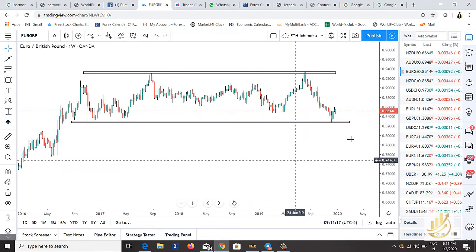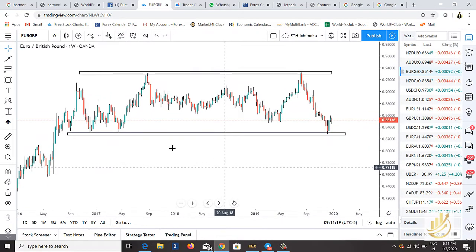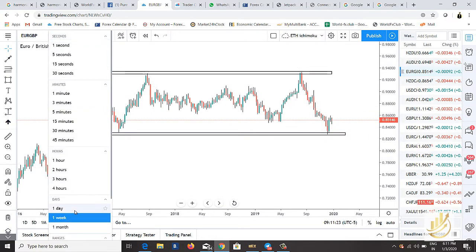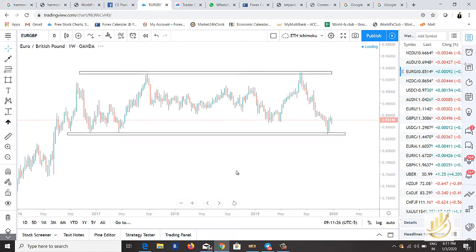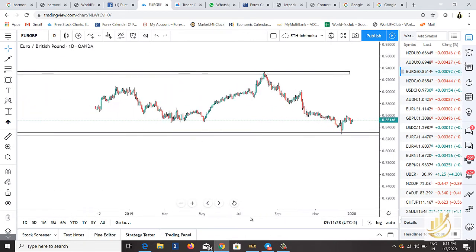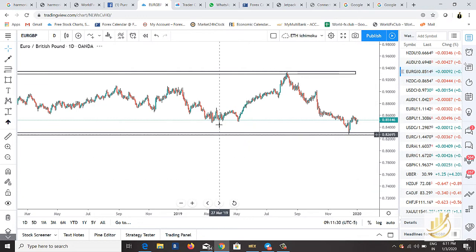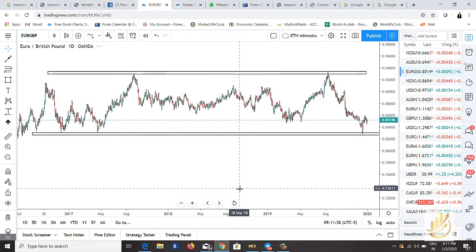That's the weekly chart. Now go back to a daily chart. So this is also some kind of support here, because after touching this, price went up. Let's see where we are.